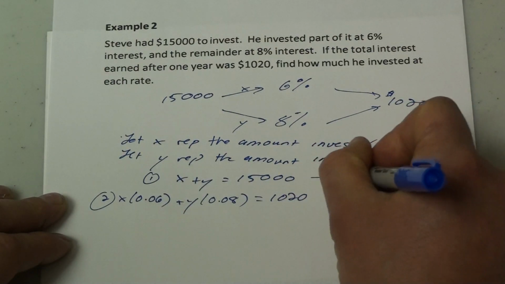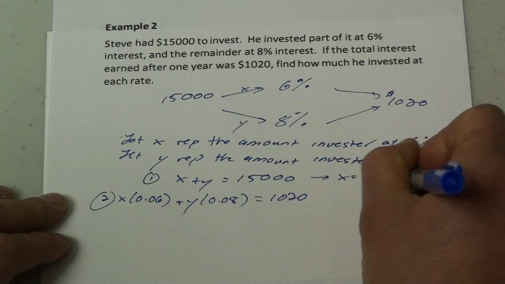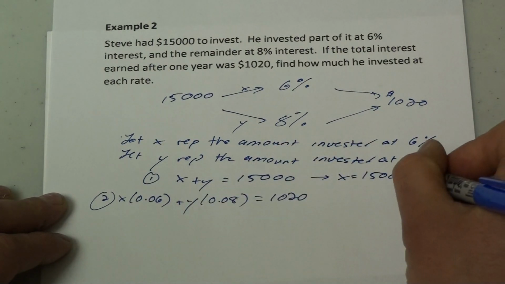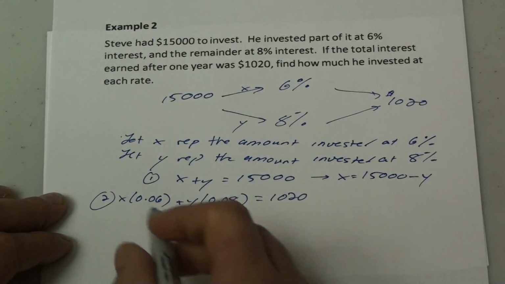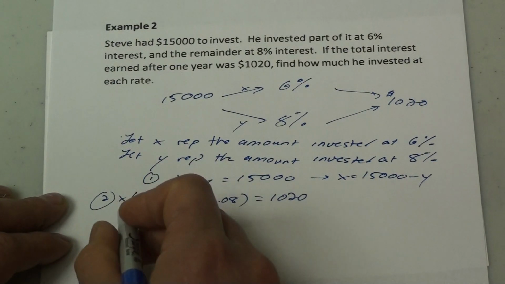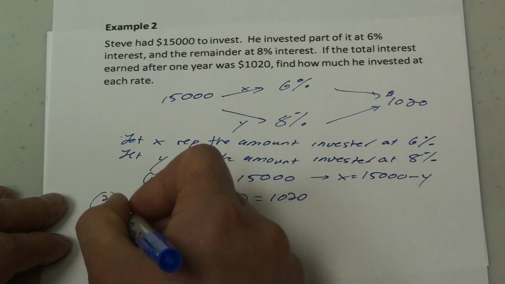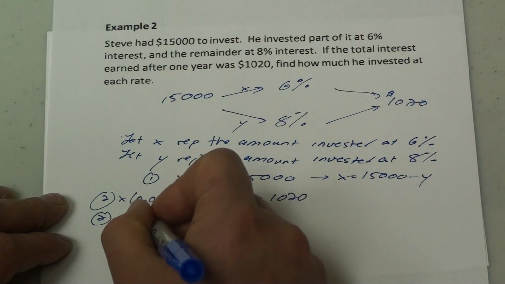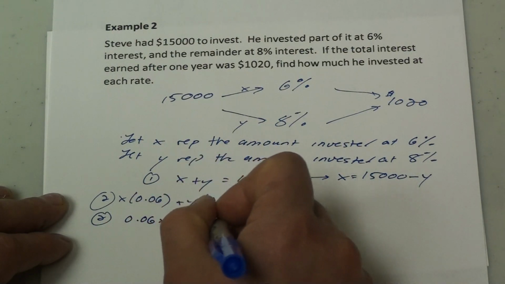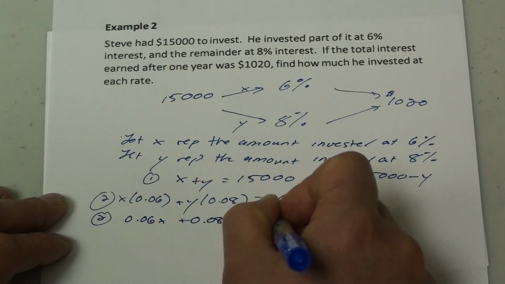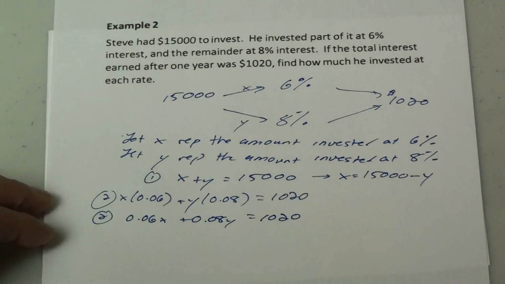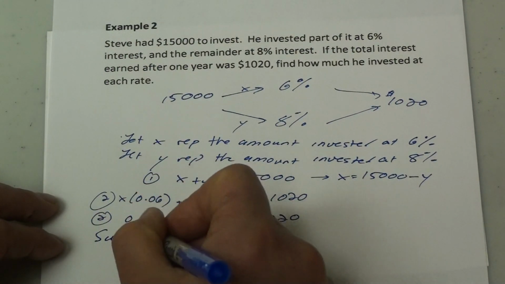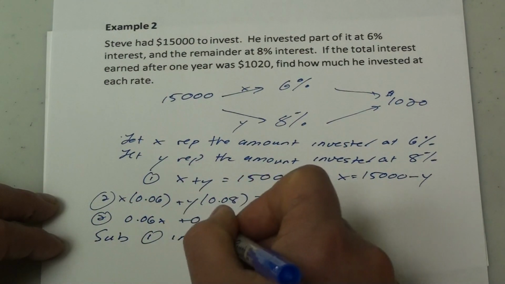So x equals 15,000, and I'm going to take the y over to the other side, and it becomes subtract y. Equation 2 is 0.06x plus 0.08y equals $1,020. And I'm going to sub equation 1 into equation 2.